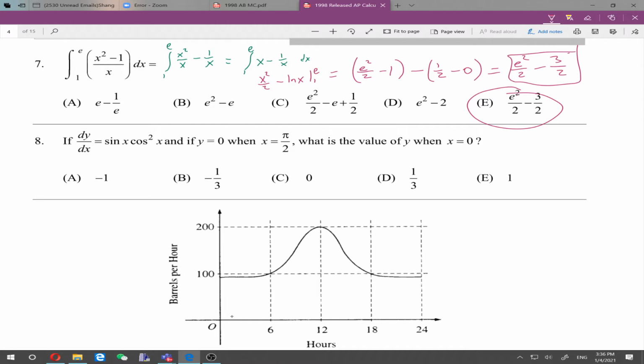Okay, I think we're on Eric now. So for number 8, integrate. I need to integrate. Okay, so if I integrate sine times cosine squared, how would you integrate this?